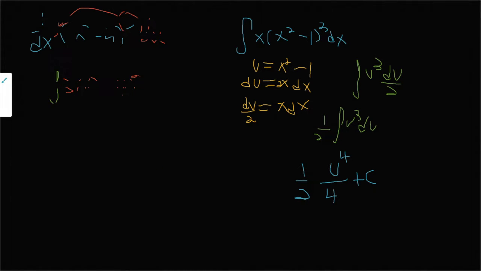But wait, we don't want it in terms of u, we want to substitute it back in for x. So we now have 1/8, because 1/2 times a quarter is 1/8.